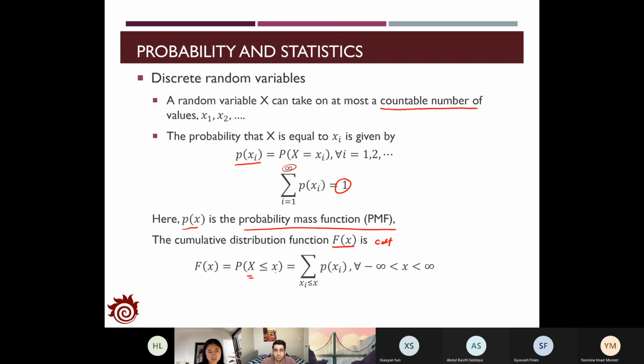For the capital F(x), it represents all the values of x less than or equal to the little x as we specified, and we need to sum the probability of all those candidate values. The CDF is applied for discrete random variables. It can also be used for continuous random variables.